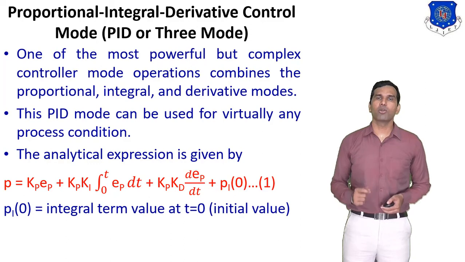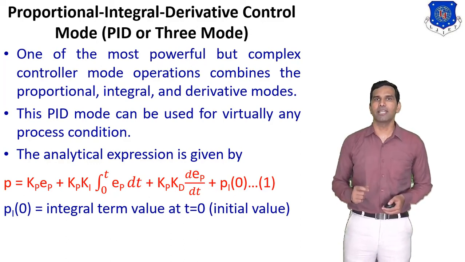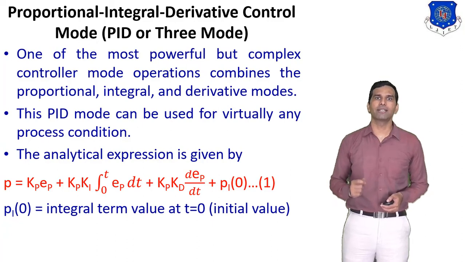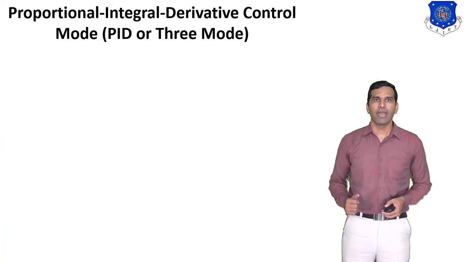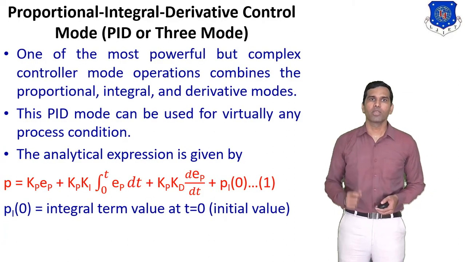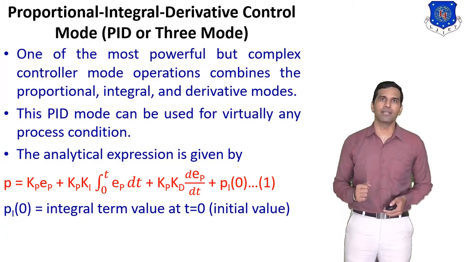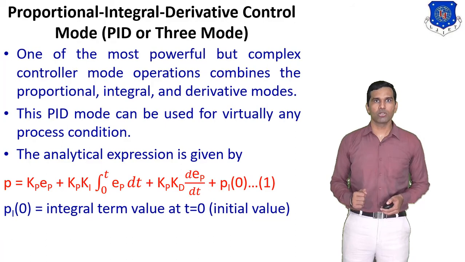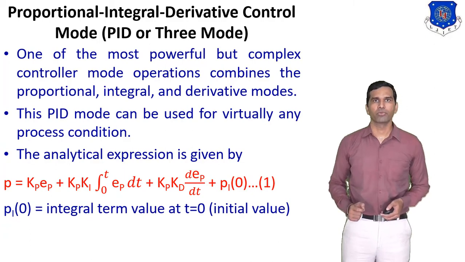Here PI0 indicates the integral term value at t equals 0, that means the initial value. And here Kp indicates the proportional gain, Kd the derivative gain, and Ki the integral gain. So this is the general analytical expression for the PID mode.